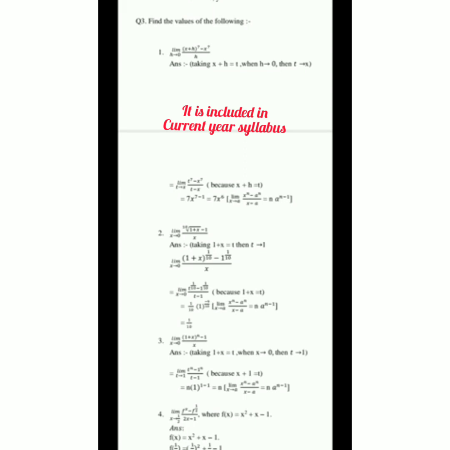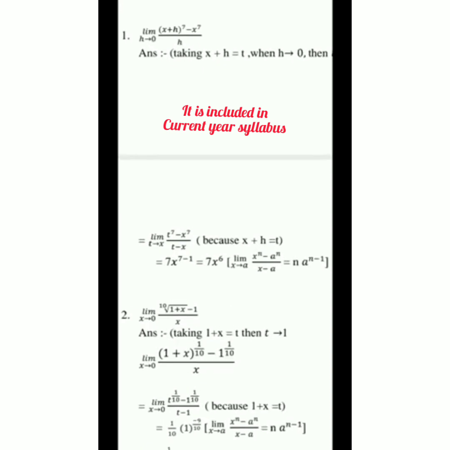Starting with the first sum, that is limit x tends to 0, (x plus h) raised to 7 minus x raised to 7 upon h. Now, taking that x plus h is equal to t, when h tends to 0, t will tend to x. Limit of t tends to x, t raised to 7 minus x raised to 7 upon t minus x, because x plus h is equal to t.